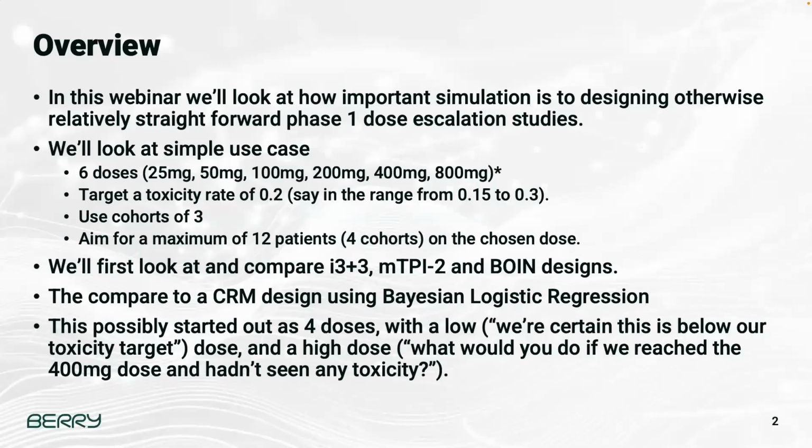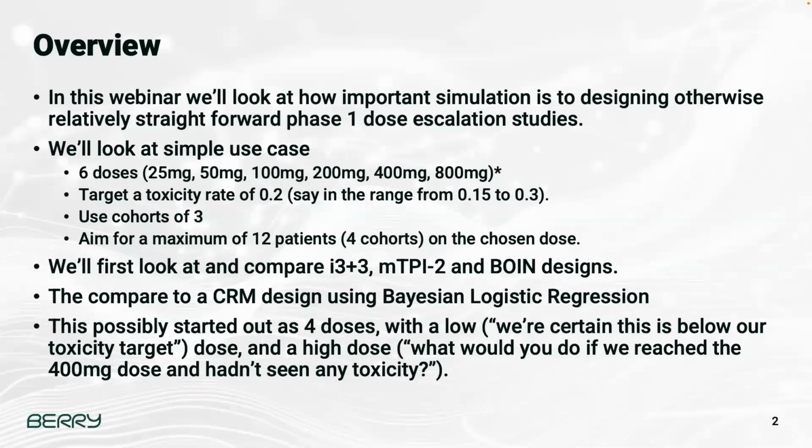And then if we ask the question, what would you do if you got to the 400 milligram dose and we didn't see any toxicity? Certainly we've heard this in conversations with clinical teams before. They go, we go one higher, we go to 800. So it's quite possible that there is a higher dose than is initially written into the protocol.